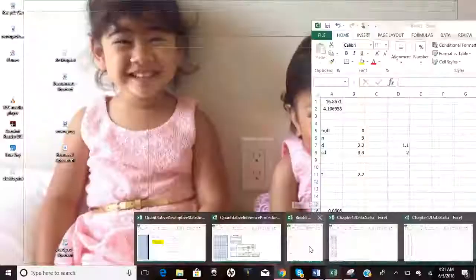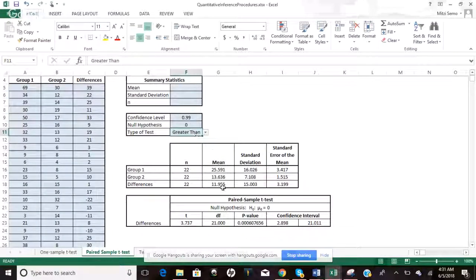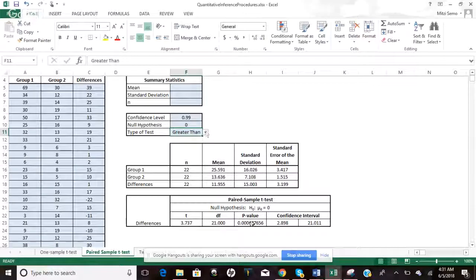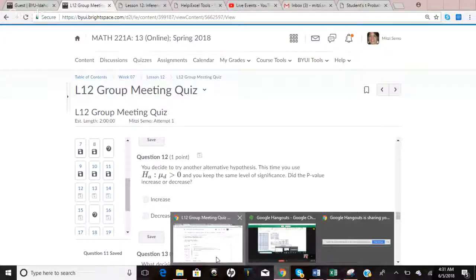Decrease. 0.01. But it didn't. Did it even move to greater than? Oh, wait a minute. You know what? I didn't even change it the first time. What was the first one?